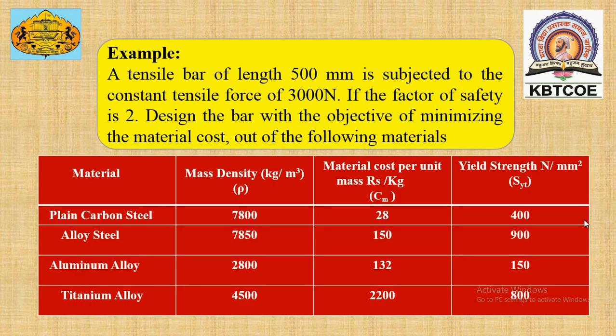See, the 4 different materials are given: plain carbon steel, alloy steel, aluminum alloy, titanium alloy. Their properties are given: mass density, material cost per unit mass, yield strength. So the objective of this problem is to minimize the material cost for the given materials.